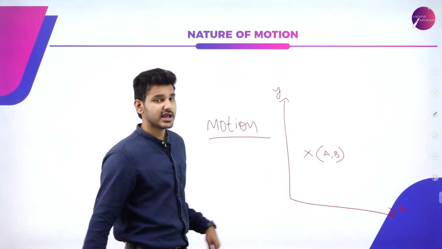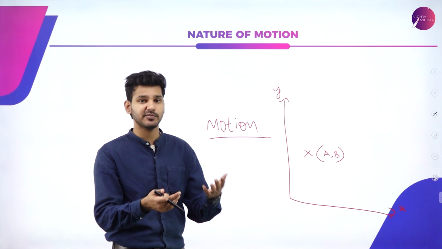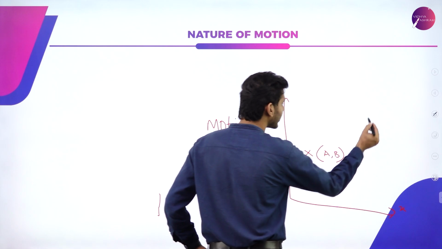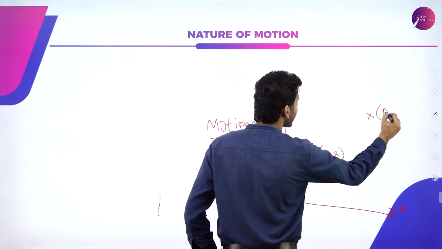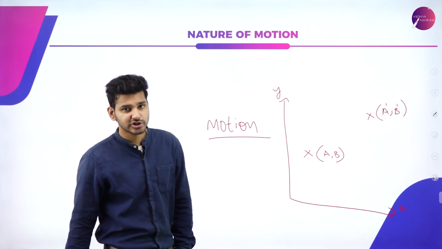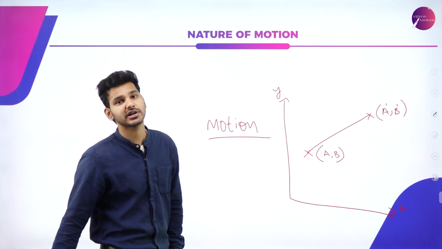And then we can say that initially an object was placed in the coordinates AB, and after some time we observed the particular object and found it to be at the coordinate, let's say it is A prime and B prime, or simply A dash B dash. So there is a relative change in the position of this particular object.